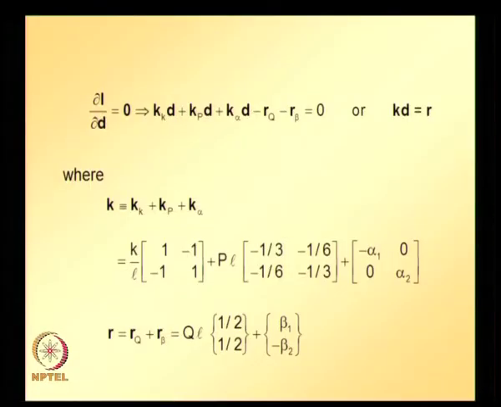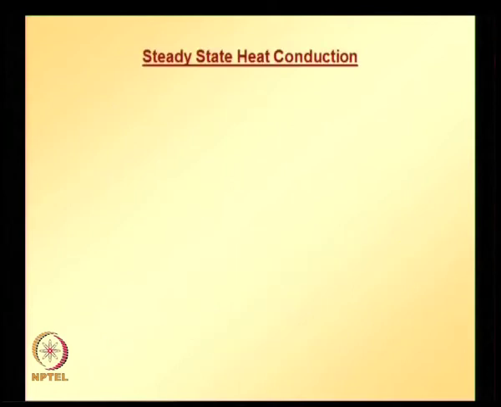Later in the last class, we applied the element equations we developed for the general one dimensional boundary value problem using the two node linear element to the steady state heat conduction problem.